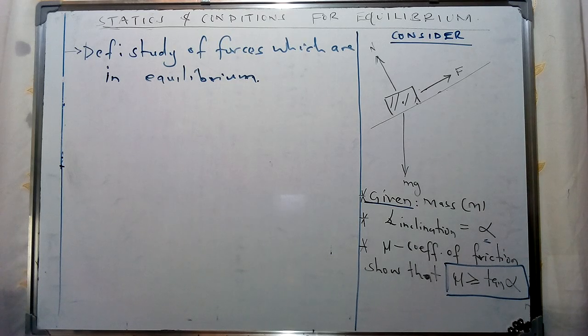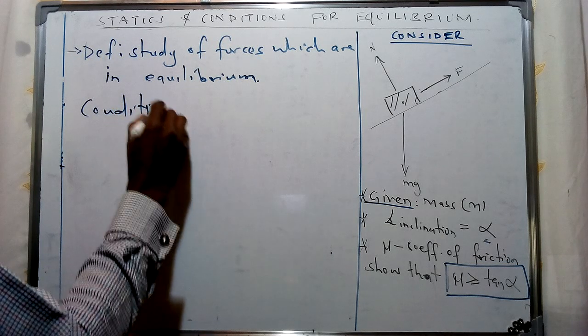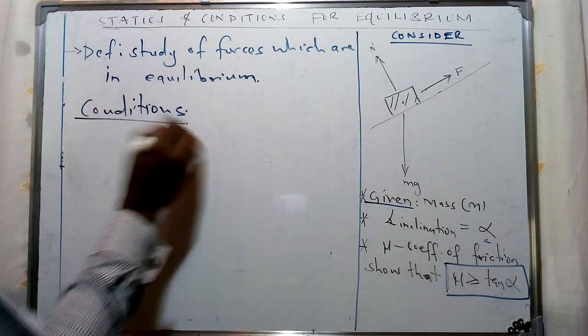Now, a body at rest, or one in uniform motion at constant velocity, implies that this body is at equilibrium. And we're going to look at various conditions which are going to be attached to this concept of equilibrium.